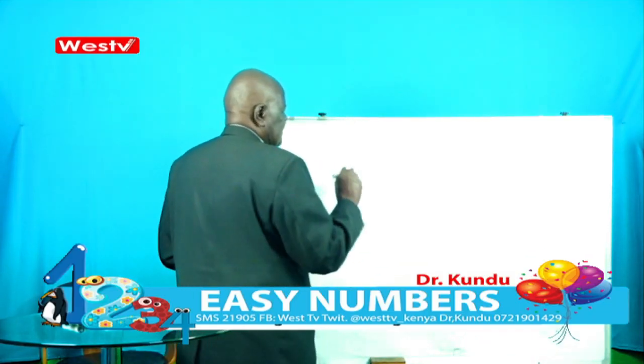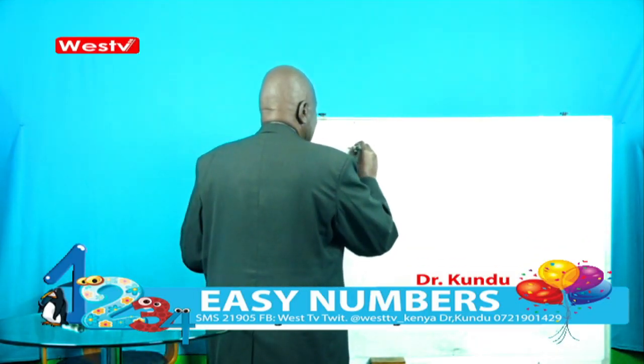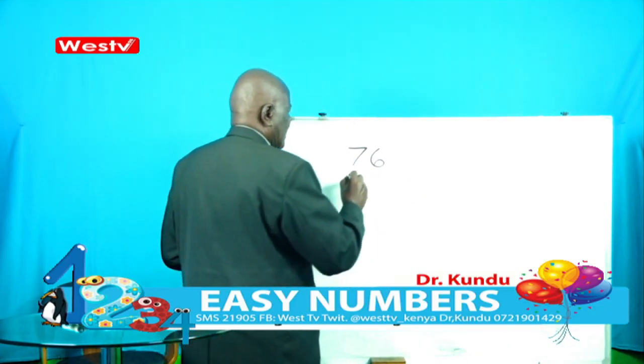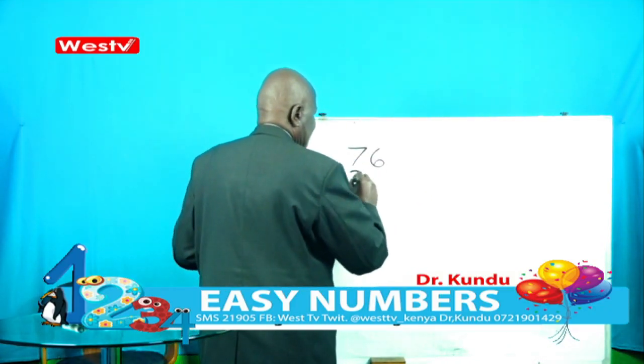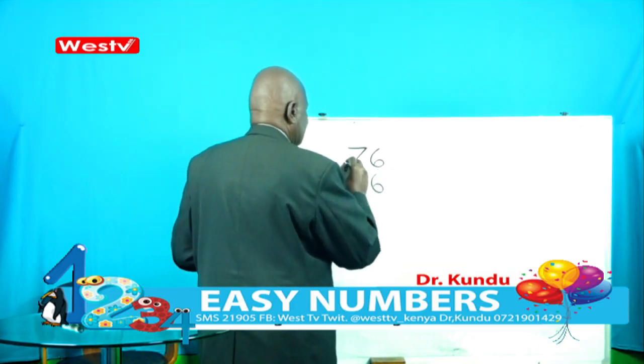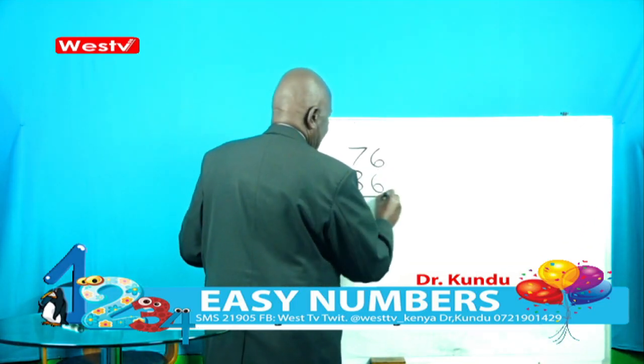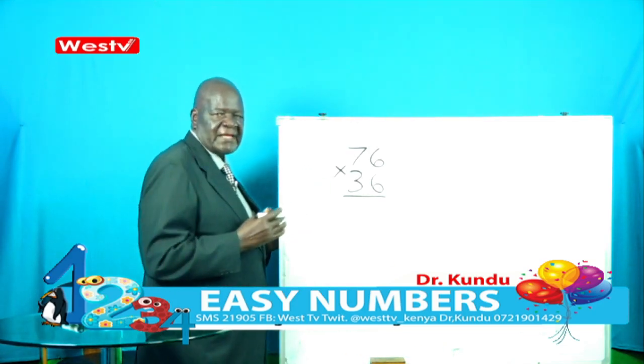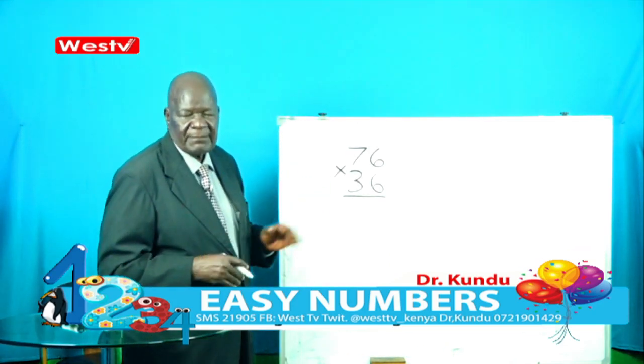So suppose I'm taking 76 and I'm multiplying that by something like 36. So you can see that these are numbers whose left adds to 10 and the right is same.